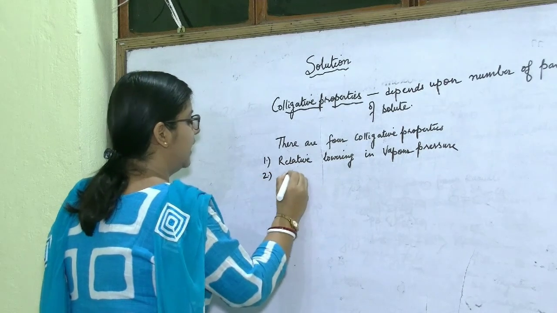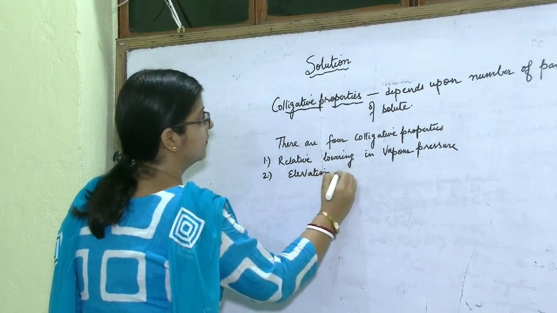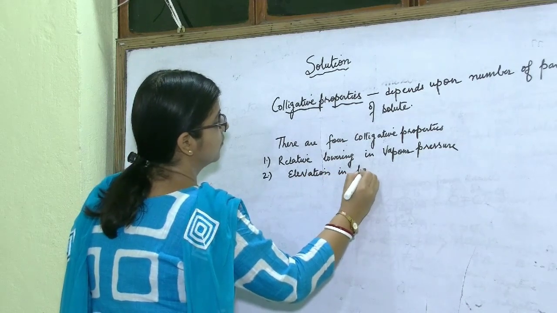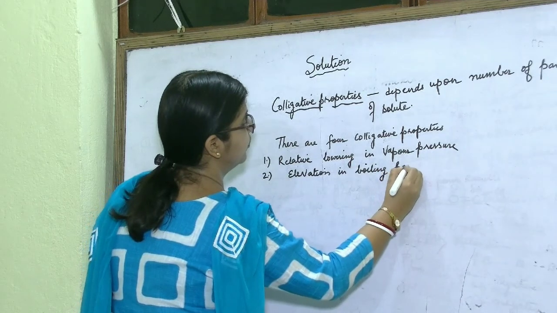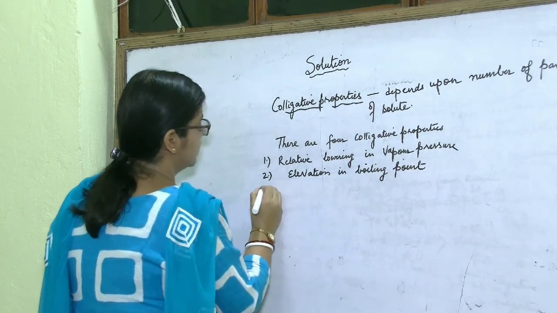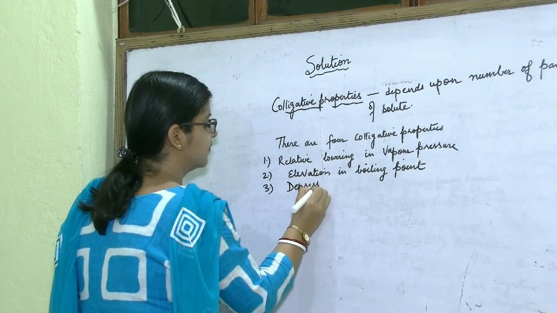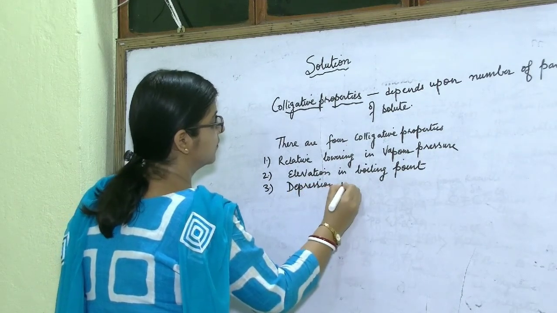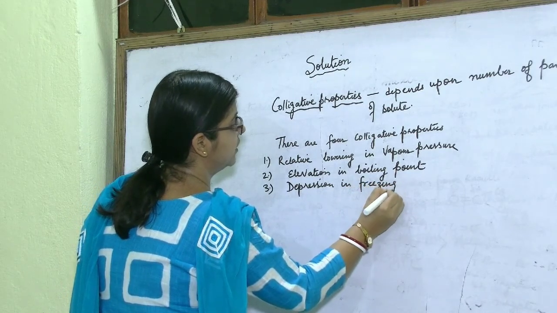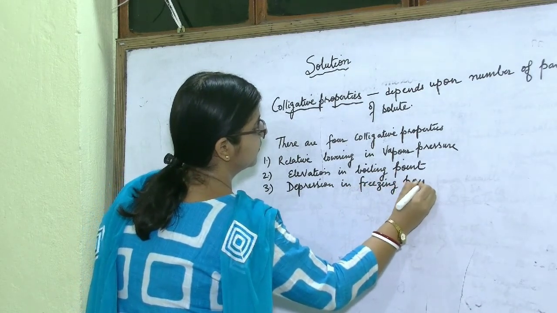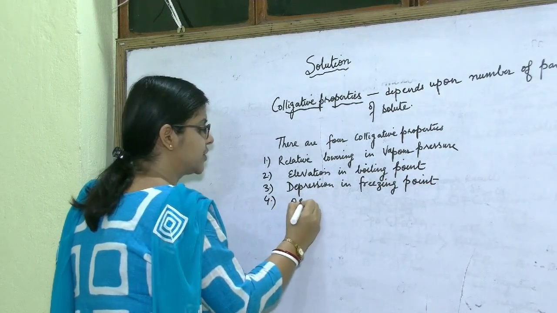Second one is elevation in boiling point. Third one is depression in freezing point. And fourth one is osmotic pressure.